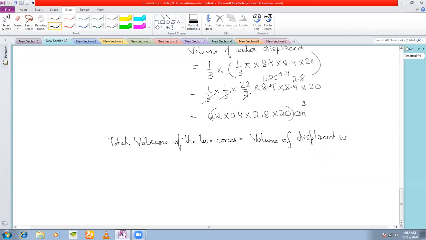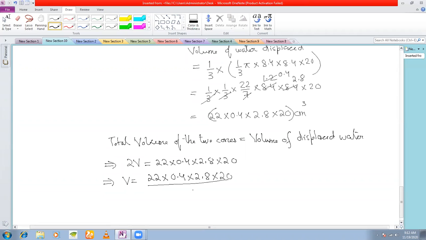So the total volume was 2V, and the volume of water that was displaced was 22 into 0.4 into 2.8 into 20. So from here you can calculate the volume. Therefore, V is 22 into 0.4 into 2.8 into 20 whole divided by 2.